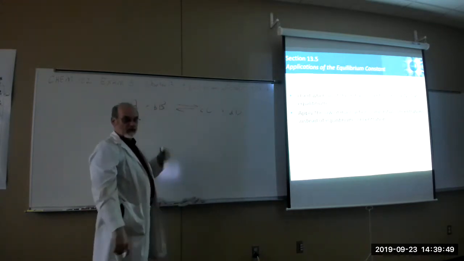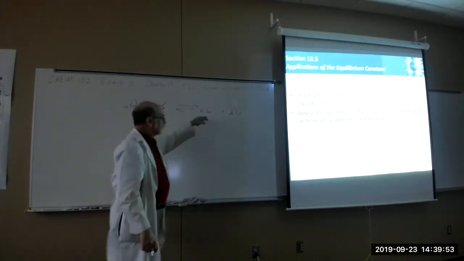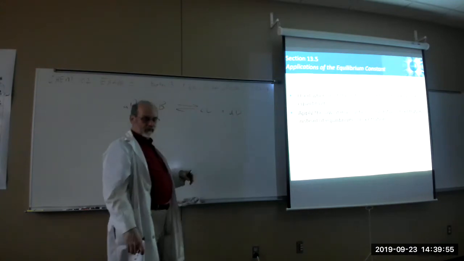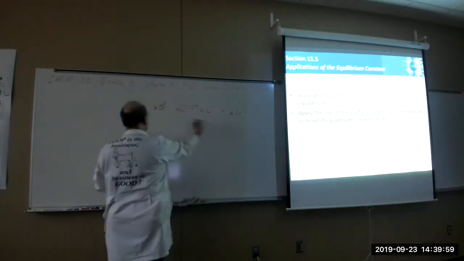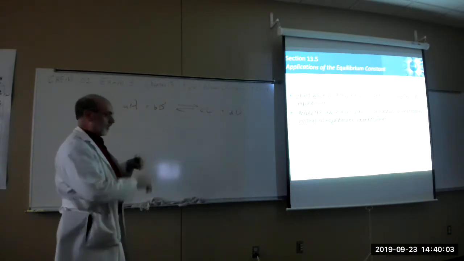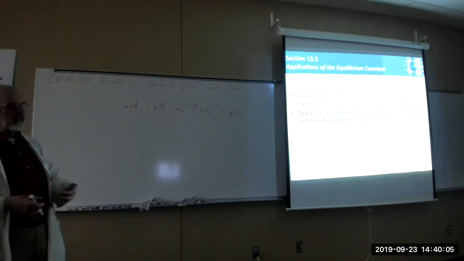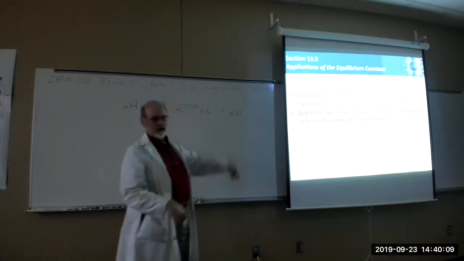It's going to make some product. Even if it's just a small K, it'll make a little bit of product. Or if we just put C and D in there, it's going to make a little bit of A and B. Right? So that's easy to deduce. If you're only given reactants or only given products, you know which way the reactions go.